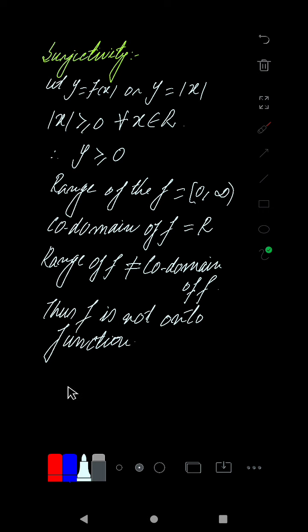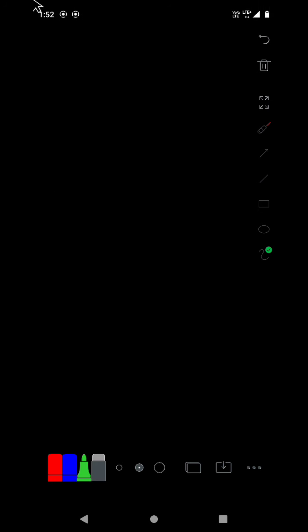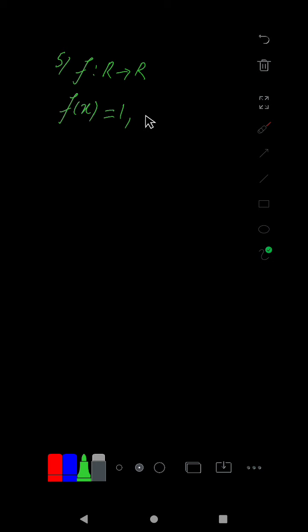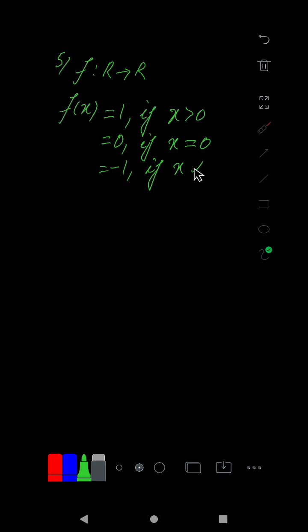Thus, we may conclude that f is neither one-one nor onto. Now the next question, that is the fifth one. f is defined from R to R and f(x) is defined as f(x) is equal to 1 if x is greater than 0, f(x) is equal to 0 if x is equal to 0, and f(x) is equal to minus 1 if x is less than 0.